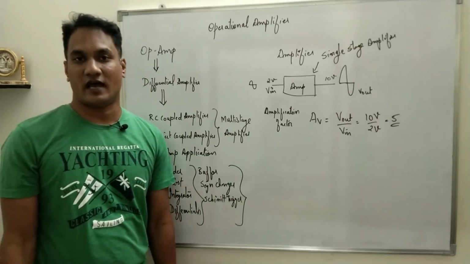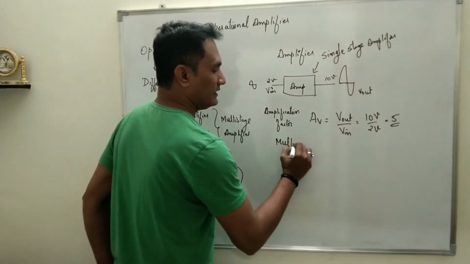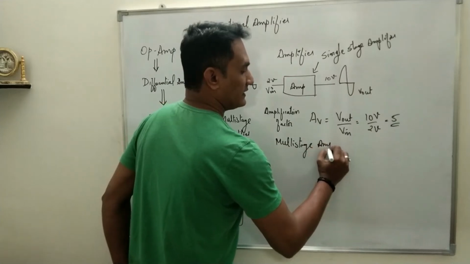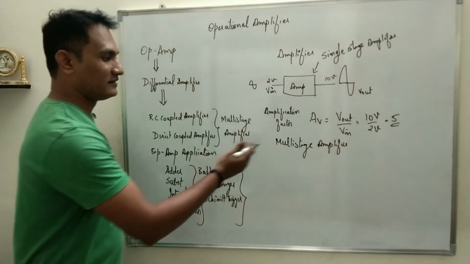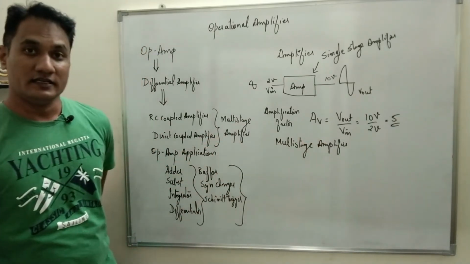In that case we have to use multi-stage amplifier. You can understand where I'm going to end up, right? So we have started multi-stage amplifier, and that is what we have to study, right?